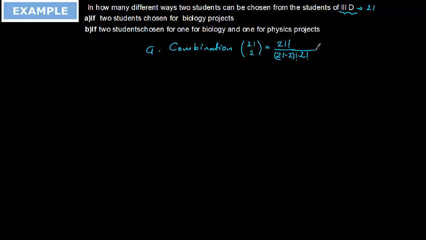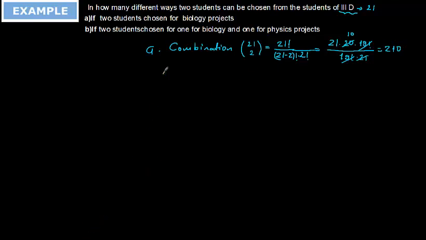This is equal to 21 times 20 times 19 factorial over 19 factorial times 2 times 1. If you simplify this, 2 factorial is 2 times 1, and 20 over 2 is going to be 10, so 21 times 10 is going to be equal to 210. It's easy to multiply, that's why I calculate this number.